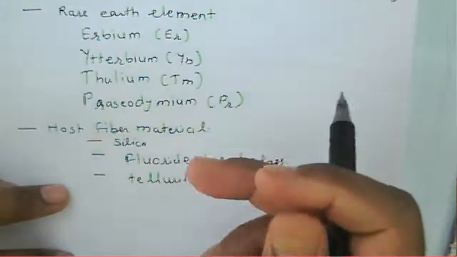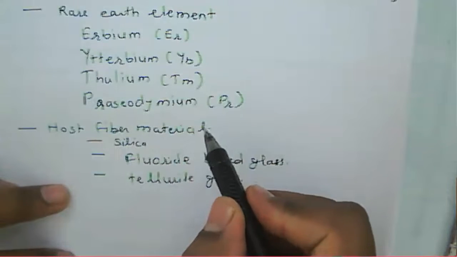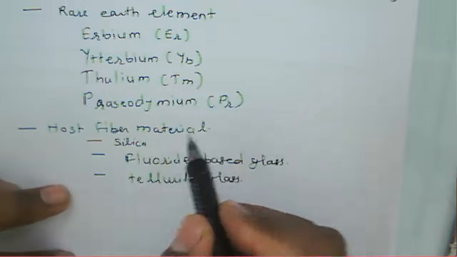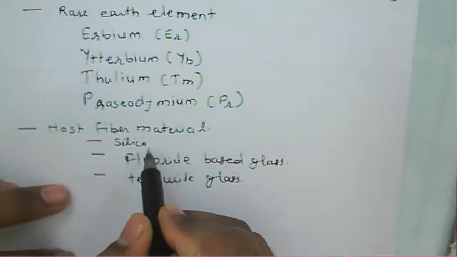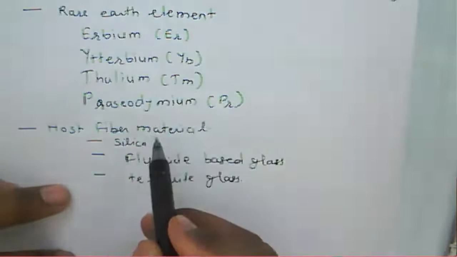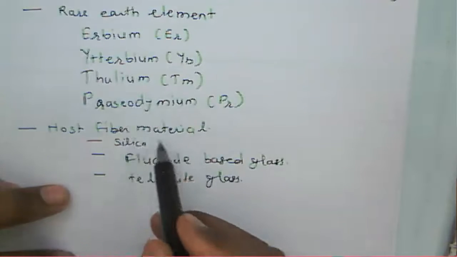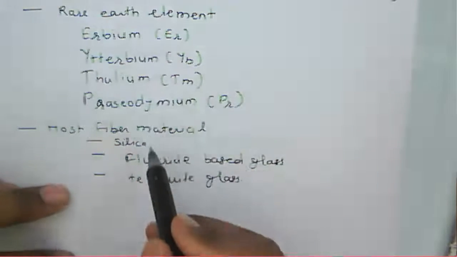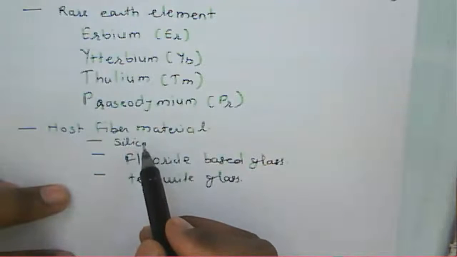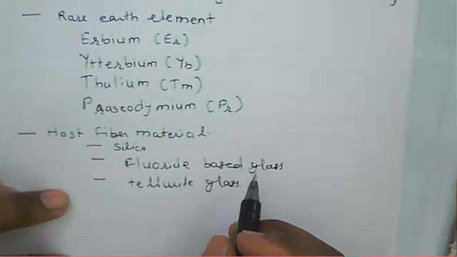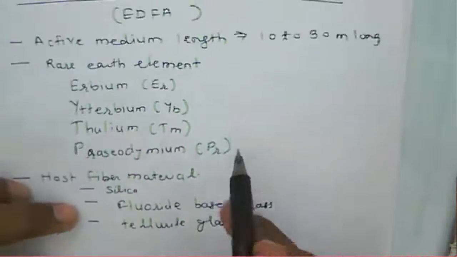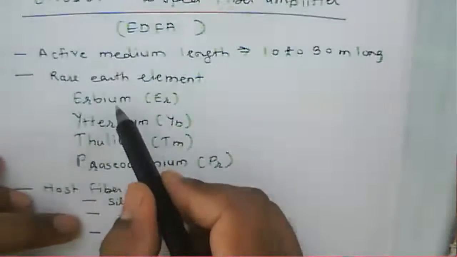For long distance communication, a silica fiber and erbium is used. So that's why the combination of silica and erbium is called an erbium doped fiber amplifier.